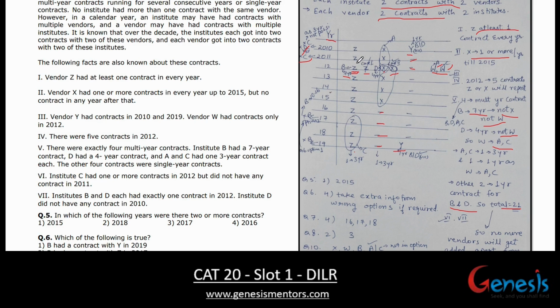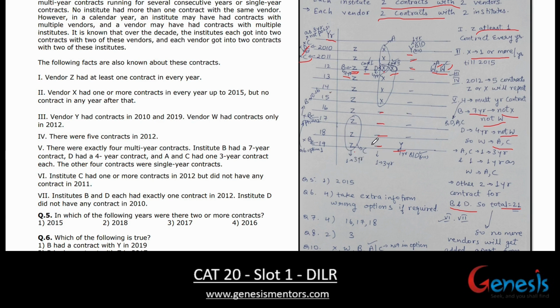If it starts from 2010, then it will be till 2016, and then 17, 18, 19 is available for the 3-year contract. But if it starts from 2011, then it will end in 17, and then we cannot get any 3 continuous years, right, for Z, with A or C. So definitely B's 7-year contract started from 2010 to 2016 only, and the remaining 3-year contract can be with A or C, right?